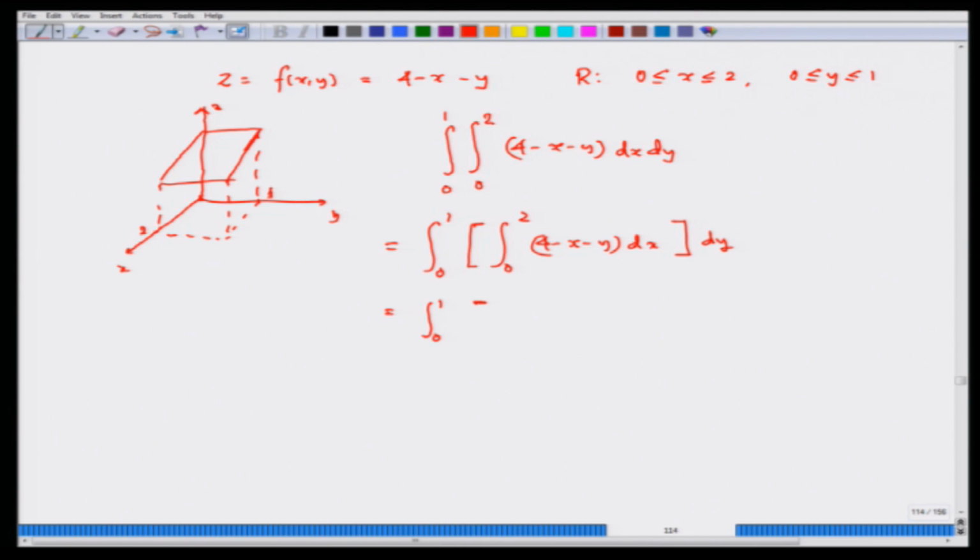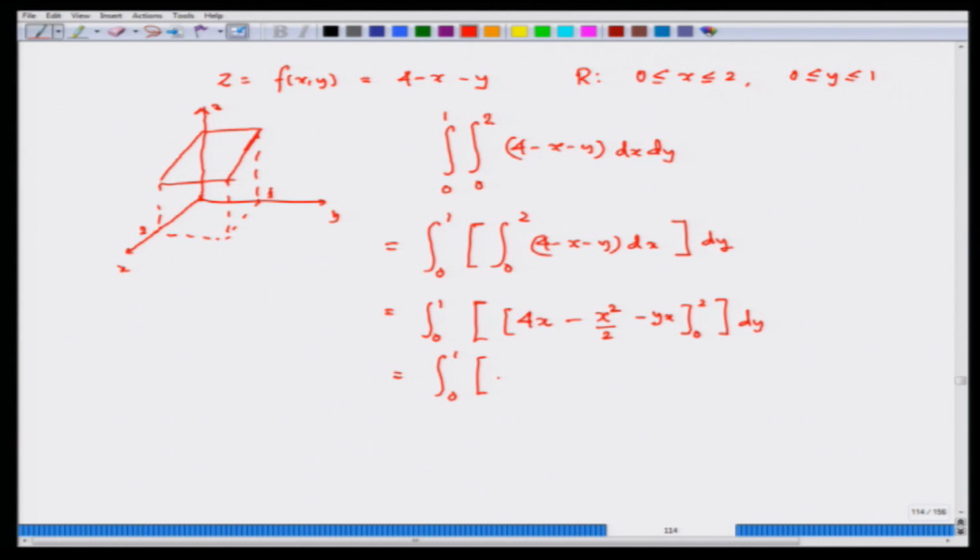So, what will this give you? It will give you 4x minus, here I will get x square by 2, and here I will get minus yx, and this has to be put within 0 to 2, dy. If I put in the limits 0 to 2, it is going to give me the following function.